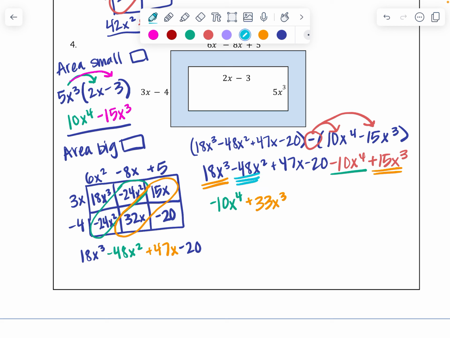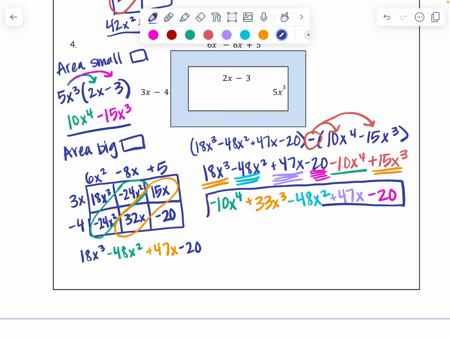Negative 48x squared does not have a like term. Then we have plus 47x. And the last term is negative 20. So this is the area of the shaded region only.